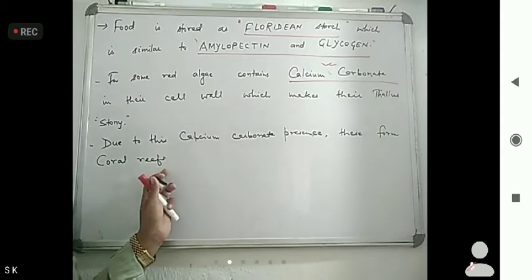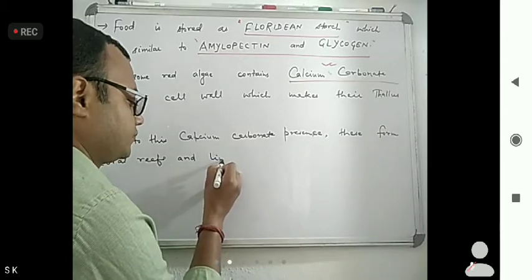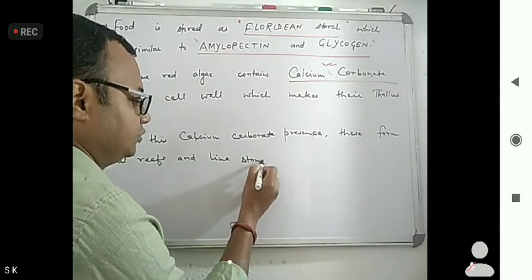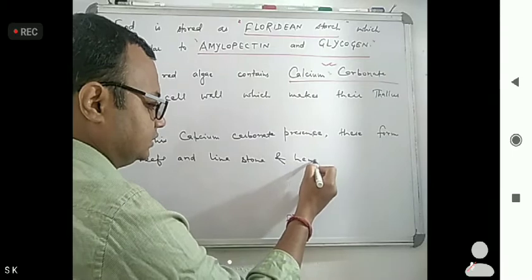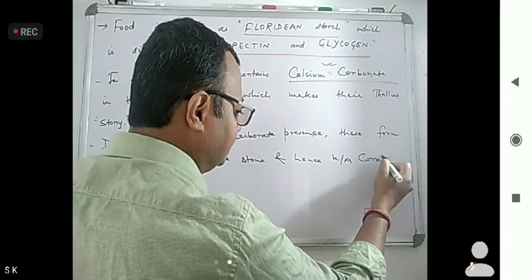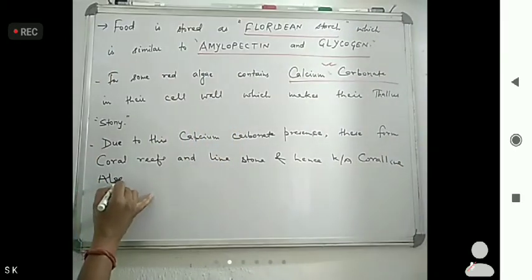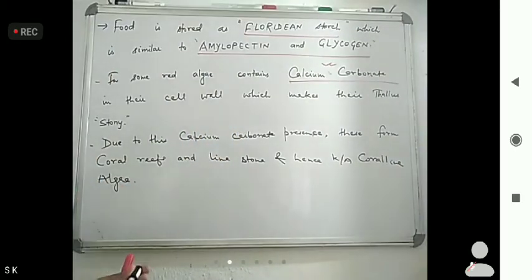They are forming what? Coral reefs and limestone, and hence known as coralline algae.